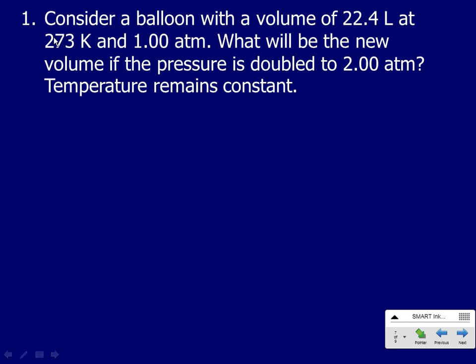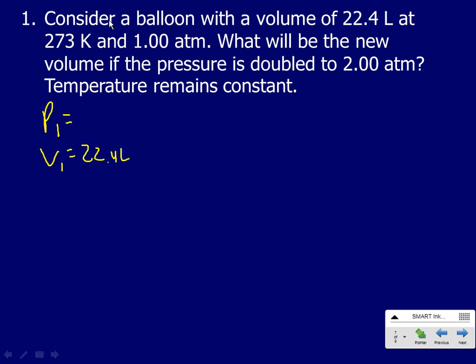So the temperature data, I don't even need. It's constant. I'm looking at the relationship between this volume and this pressure. I'm now changing the pressure. I want to know what the new volume is. So again, as long as they're together, I'm looking at the data. I've got a V1, 22.4 liters.